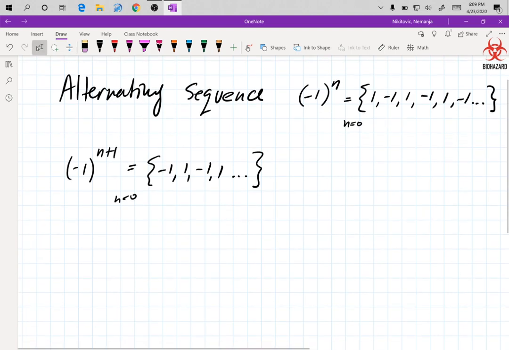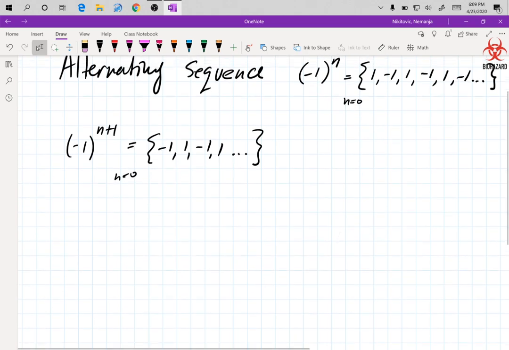Now, there are another two ways to show the alternating sequence. We can also have cosine of n pi. Cosine n pi is also an alternating sequence, because the cosine of n pi is going to be either 1 or -1.